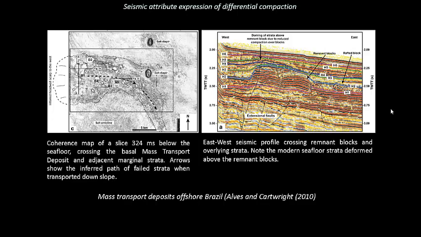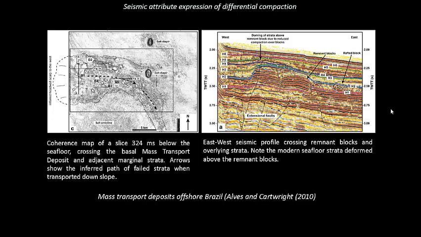The remarkable spatial resolving power of the 3D seismic method can definitely be used to define the full aerial extent and the morphology of these mass transport deposits, or the MTDs as they are called. And the precision that this can be done with, it cannot be achieved with any other combination of methods.